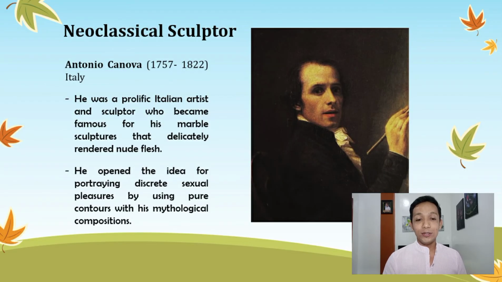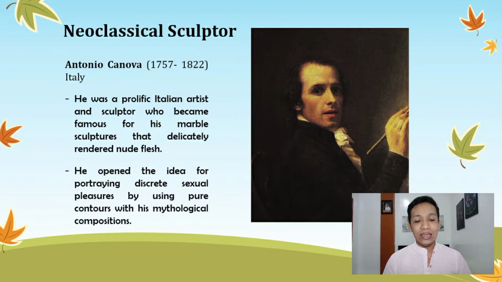First one, Antonio Canova from 1757 to 1822, and he was from Italy. He was a prolific Italian artist and sculptor who became the most famous for his marble sculptures that delicately rendered nude flesh.